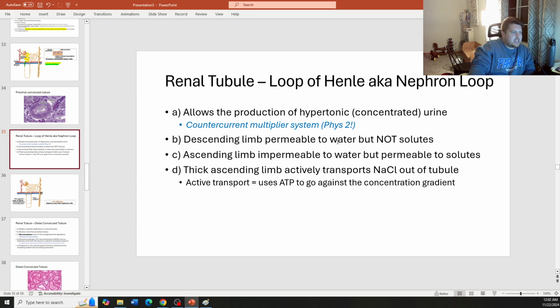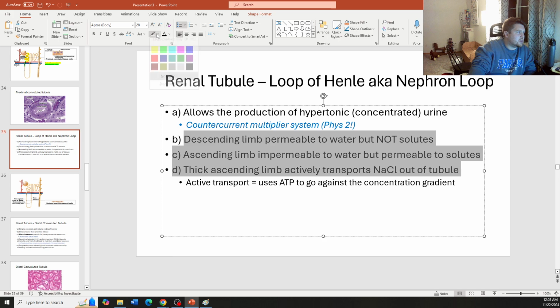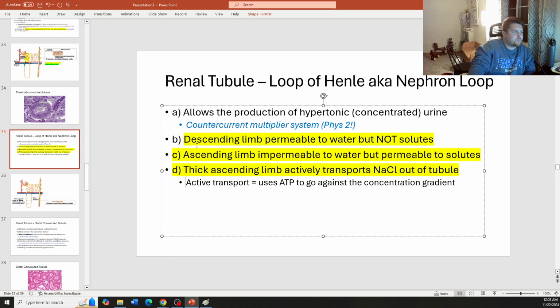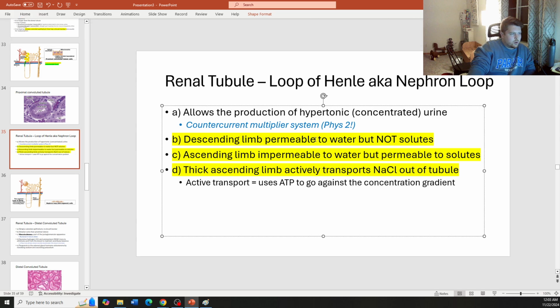So a couple key points. These are definite testable type questions, super easy for professors to test on. The descending limb is permeable to water only. So no solutes, just water.